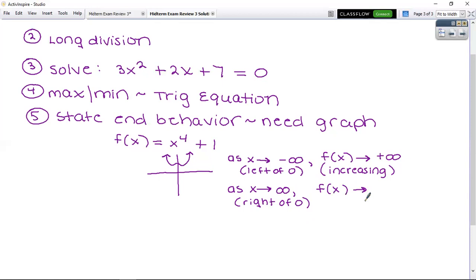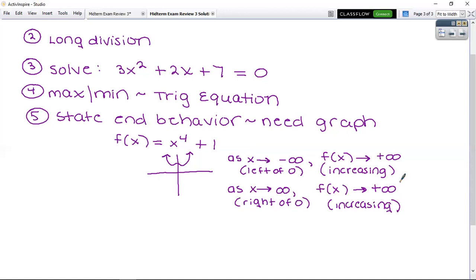Increasing or decreasing? Increasing. How do I denote that? What do I say? Positive infinity. Perfect. How do we feel with that type? Okay. That one we discussed.